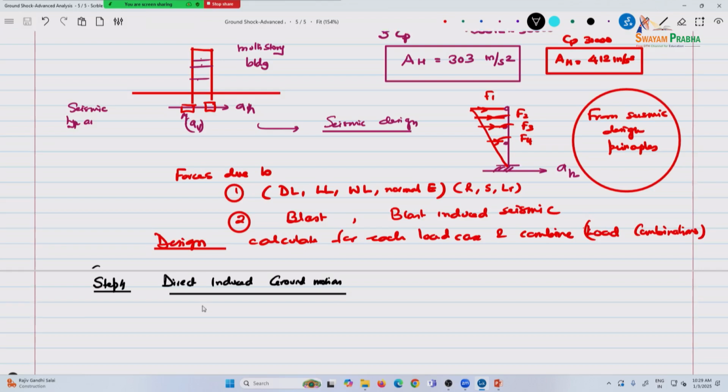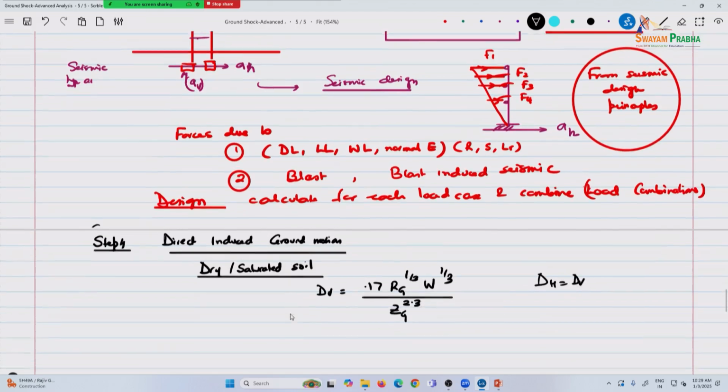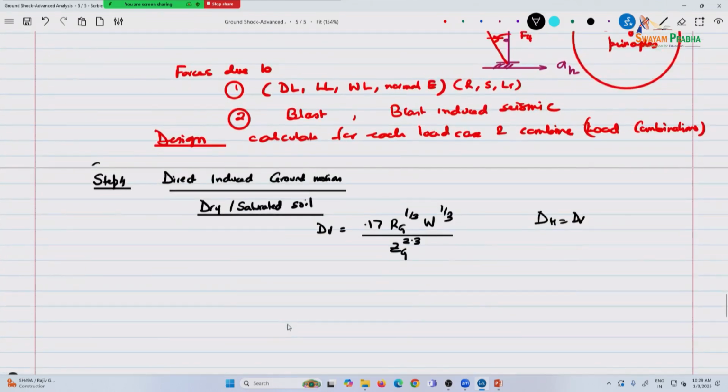Considering dry or saturated soil, dV is 0.17 Rg power 1/3, W power 1/3. This is 2.3. So, okay, that's confirmed. This is 2.3. What I had was correct. And dH is equal to dV. And 2.3.